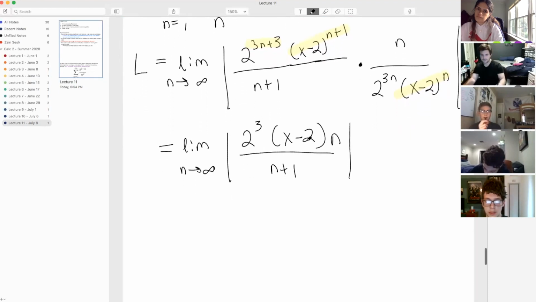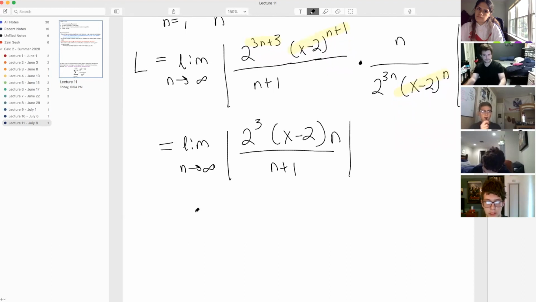I'm just skipping a few steps here. All right, good. So this factor here, 2 cubed times (x - 2), can be taken outside of the limit. So that's going to be 8 multiplied by the absolute value of x - 2 times a limit.